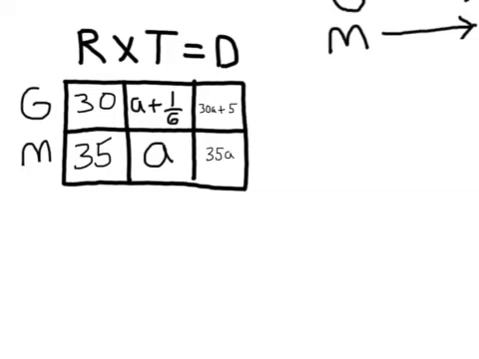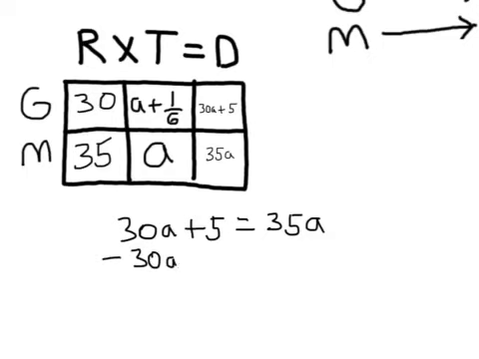That would be 30a plus 5 equals 35a. In my attempt to keep the terms that have the variable positive, I'm going to subtract 30a from both sides. You don't have to do that; I just like to do that.